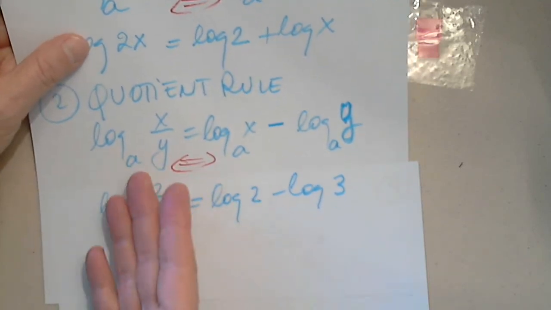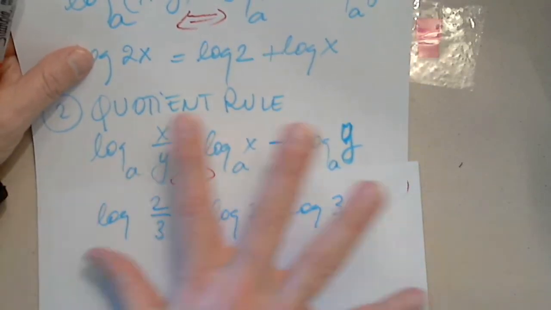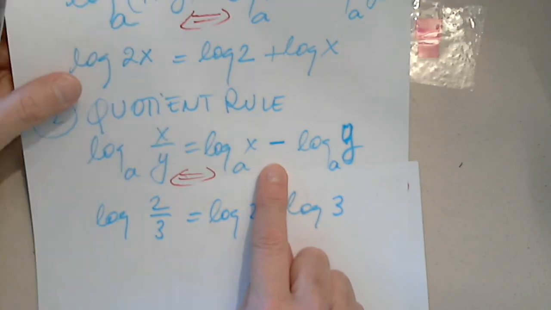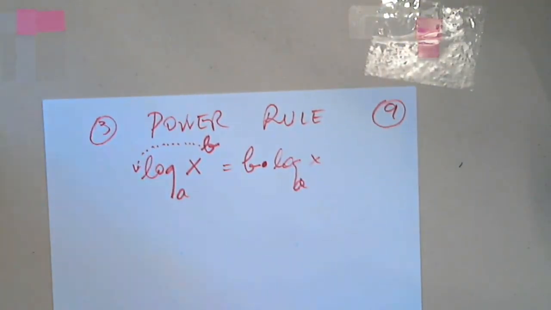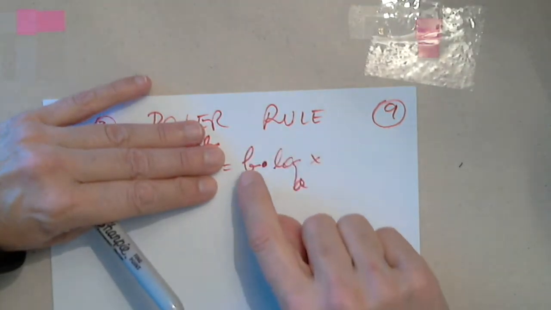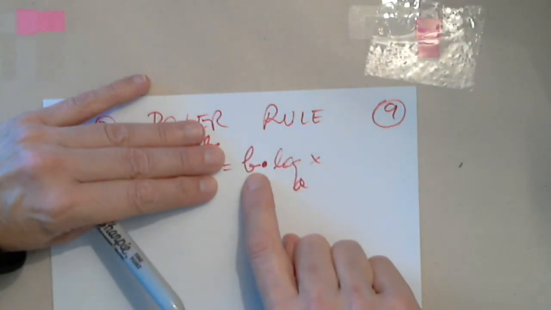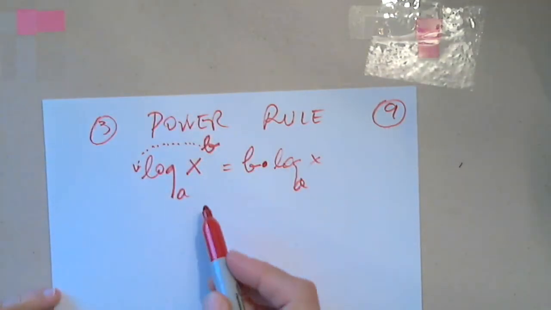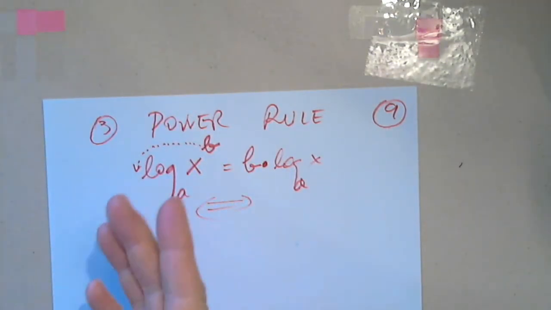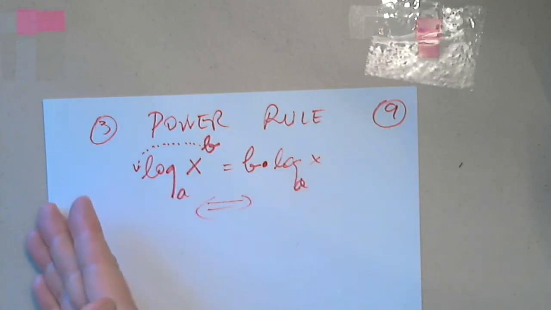If I'm given log base A of x over y, I can expand it into the difference of logs. Now with the power rule, the same thing. If I see this, I know the number in front of log that multiplies log comes from the power of x. So again, this goes back and forth. If I have this, I can come up with that, and vice versa.